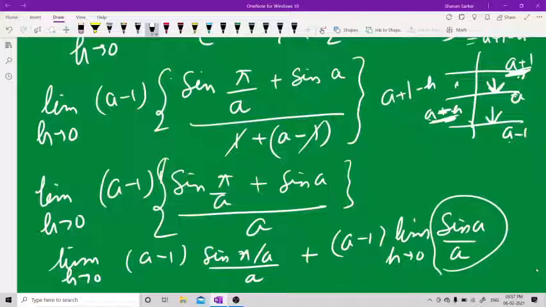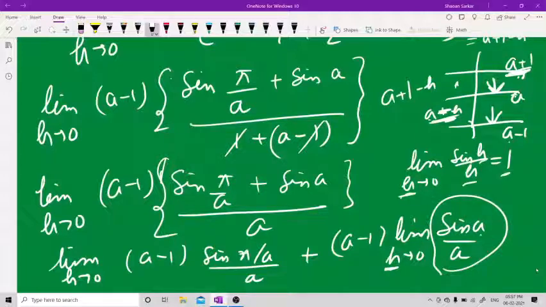Don't make this 1. This is not a here, it is h. It is valid for this: limit h tending to 0 sine h upon h is 1. Here it is h and h, so it is 1. It is a and h, so it's not valid. It is not equal to 1.